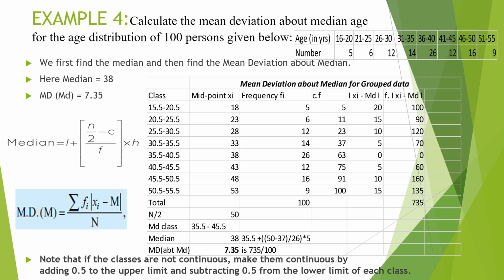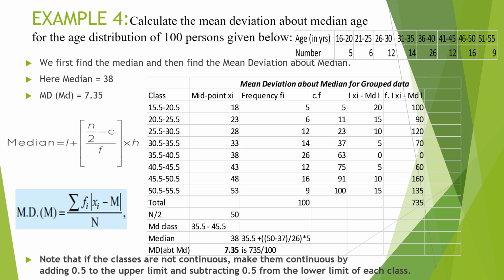So L is 35.5, plus n by 2 is 50, minus C, the cumulative frequency of the class before the median class, that is 37, upon f, the frequency of the median class, which is 26, into the class length. Class length is 5. Putting all these values, we get the value of the median as 38.